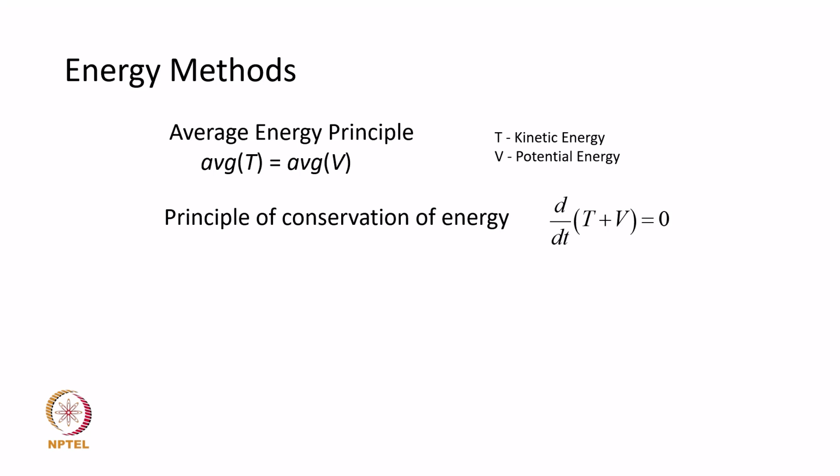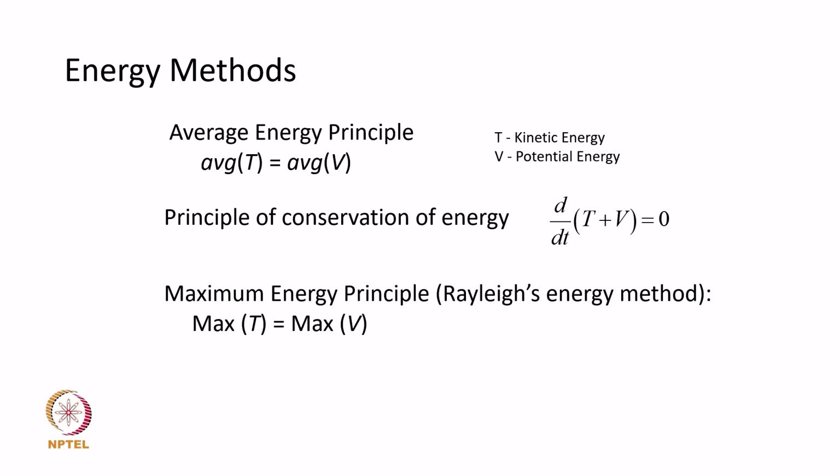So, either you write T plus V is equal to constant, or the time derivative is 0. Solving this equation will lead you to the governing equation of motion. The other method, which is in a way similar to the first one, is to equate the maximum kinetic energy and maximum potential energy.